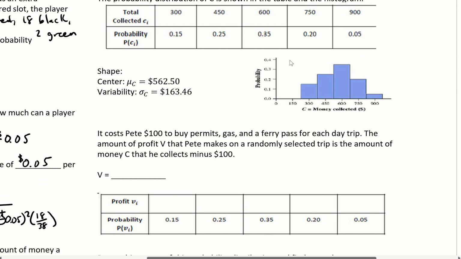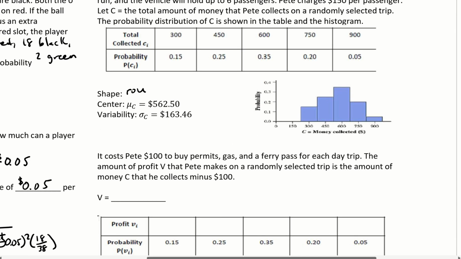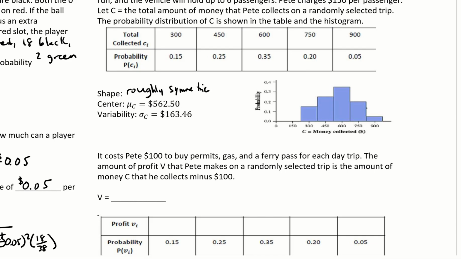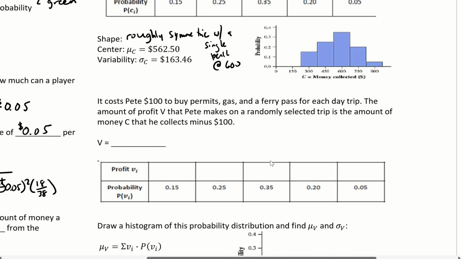If you look at the shape, it appears to be roughly symmetric, with a single peak at 600. So that's what we were saying about our center and our variability.